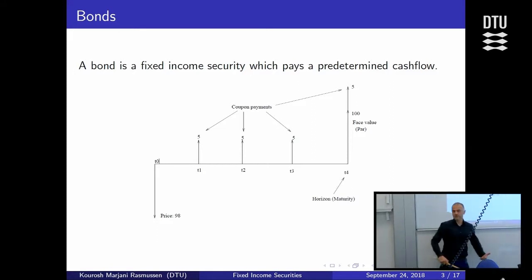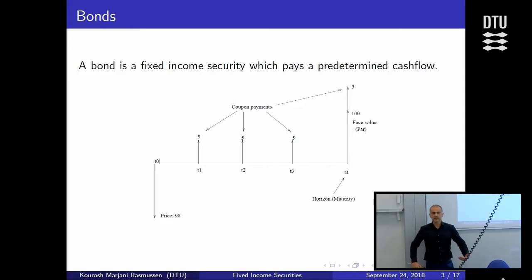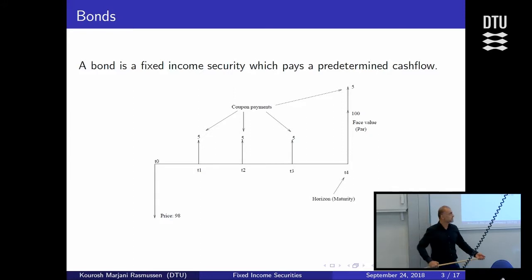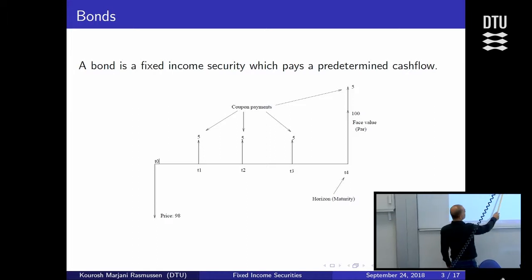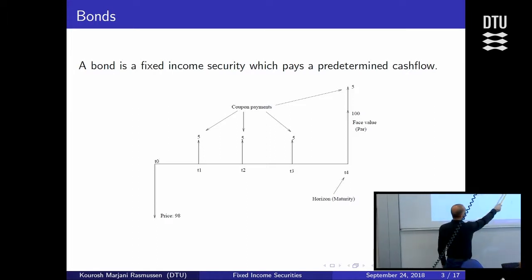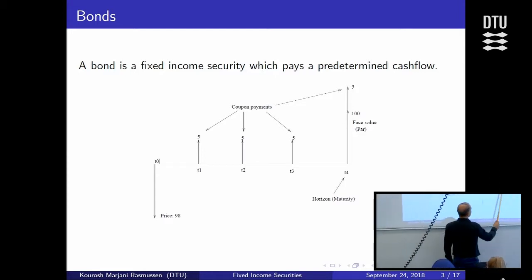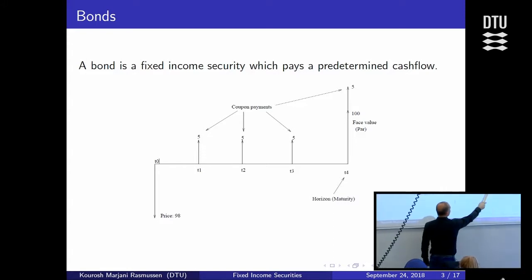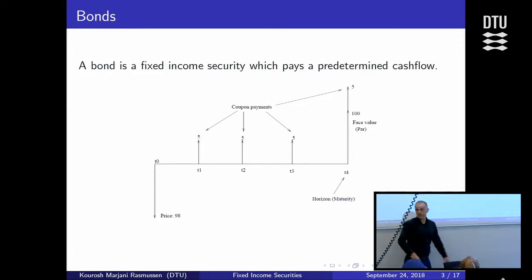So essentially, a bond is just telling you what is the cash flow between us in terms of having this transaction of lending and borrowing money. So I'll lend you 98 krona. And then what I get in this case, I get the coupon payments. I get 5 krona at the end of year 1, 5 krona at the end of year 2, 5 krona at the end of year 3, and then I'll get the face value or the par value, which is always defined to be 100.